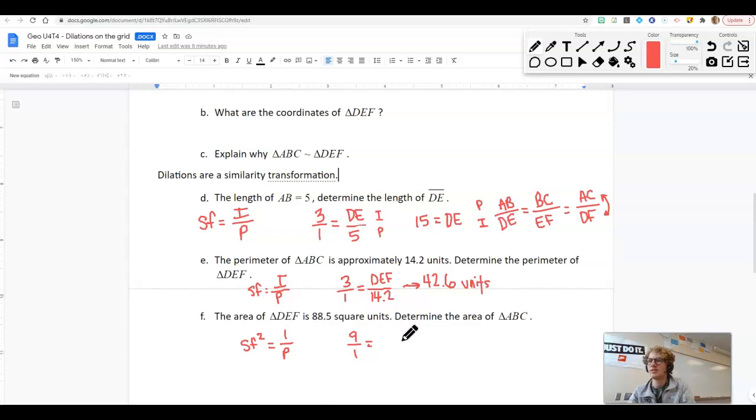If the area of DEF, now we're working on top, is 88.5, because that's our image. Again, we want image over pre-image. Then we want to find ABC. So 9 times ABC is equal to 88.5. So 88.5 divided by 9 is equal to 9.8.